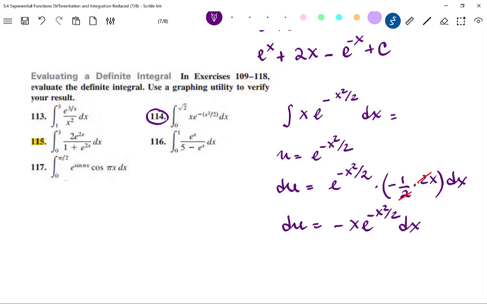Now since in this problem I don't have a negative, I should give the negative to the du. So x times e power by negative x squared over 2 dx is equal to negative du. So go back to the problem.